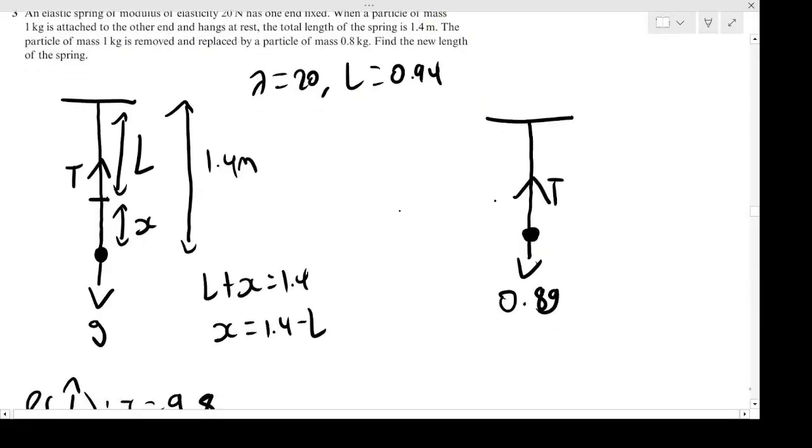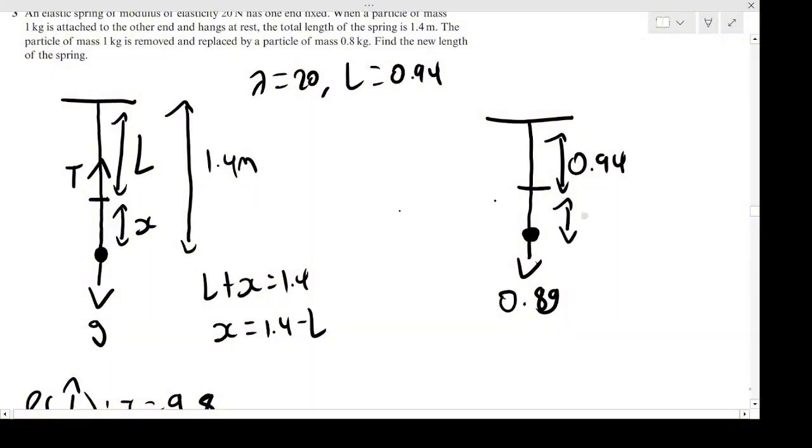Okay, so again, in terms of lengths, I need to find the new length of the spring. So again, let's say this is my natural length, L, I know that's 0.94. I worked that out previously. The natural length is 0.94. Then there's some extension. Now, the extension is going to be different to the first case, because there are different forces.